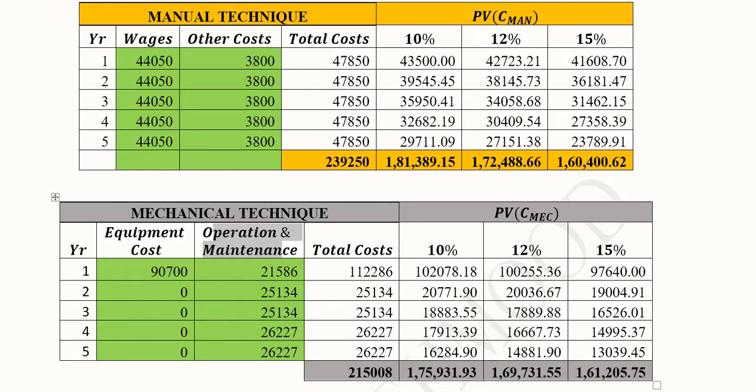So both of them, we have the costs for them, and we have calculated the present value of this cost stream on the basis of 10% discount rate, 12% and 15% discount rate. Same is done for the mechanical technique, that is 10%, 12% and 15% of the discount rate.